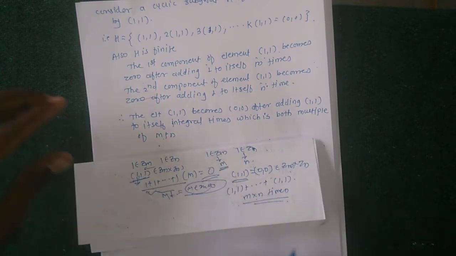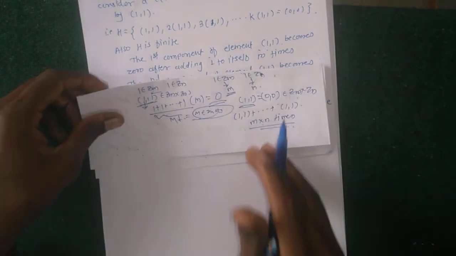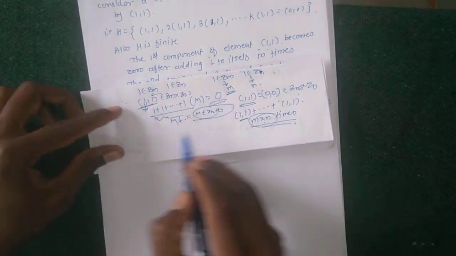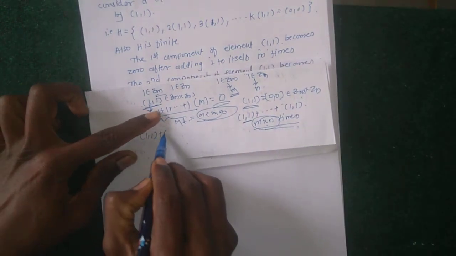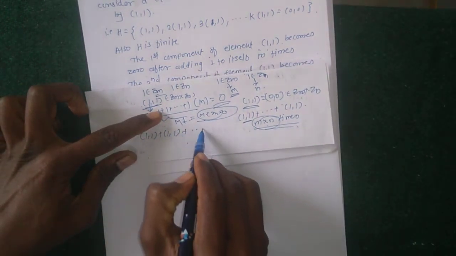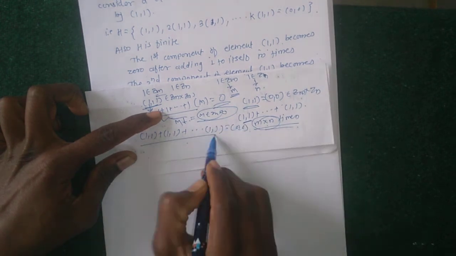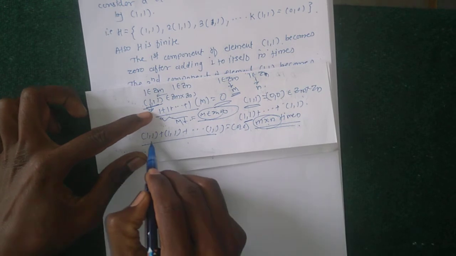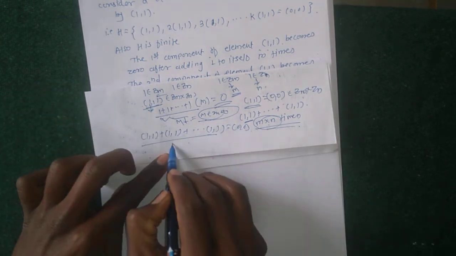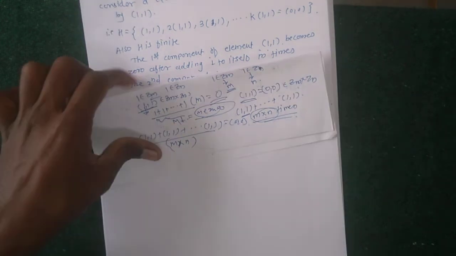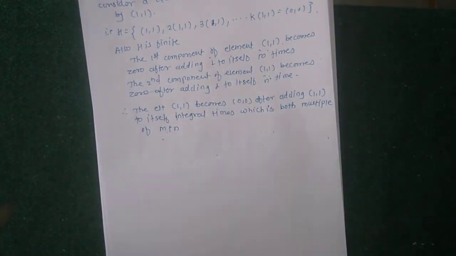Only when the number of additions is a multiple of m and n is the value 0.